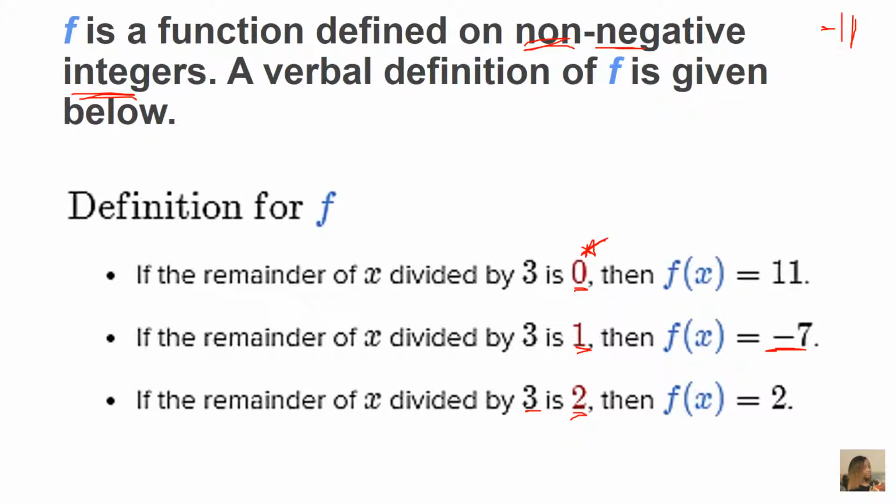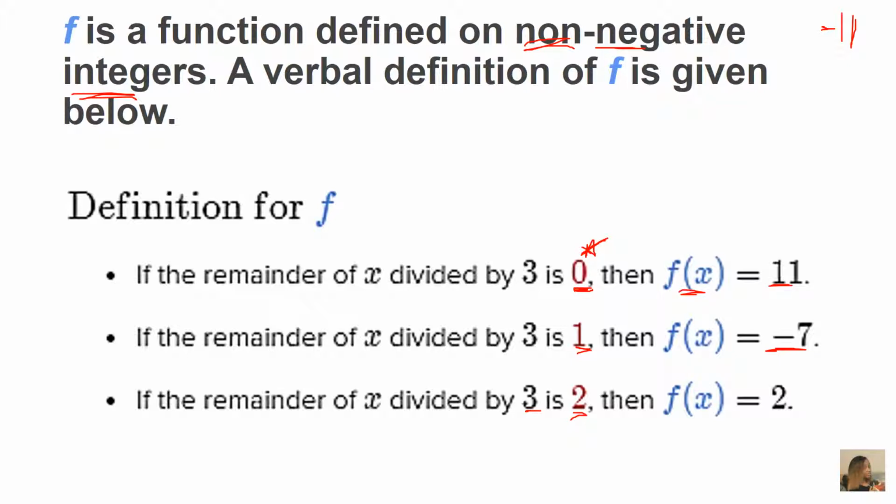A verbal definition of f is given below. So this is the definition of f. If the remainder of x divided by 3 is 0, then f of x is equivalent to 11.